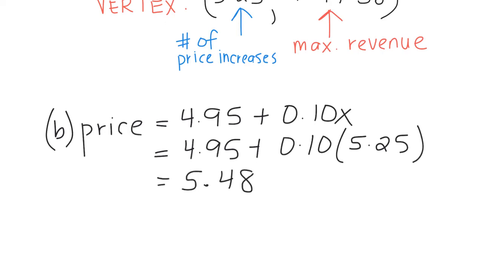It actually works out to 5.475, but I rounded my answer to 2 decimal places since a price value is normally represented by 2 decimal places. So therefore, in order to have that maximum revenue of $2,997.56, the price of the batteries has to increase 5.25 times to end up with a final price of $5.48.